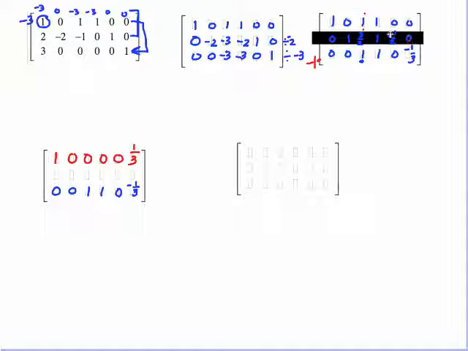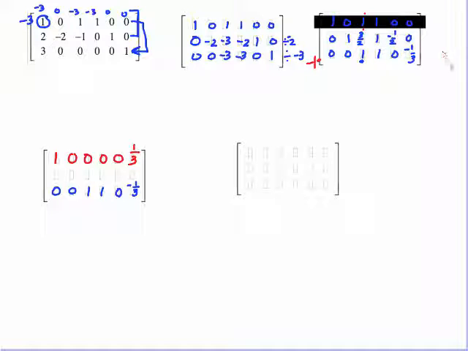Let's repeat the same process. Let's move this cover up this way. And now I want to work to get rid of this positive 3/2. And the way to do that is to multiply this row by the opposite, which is -3/2.